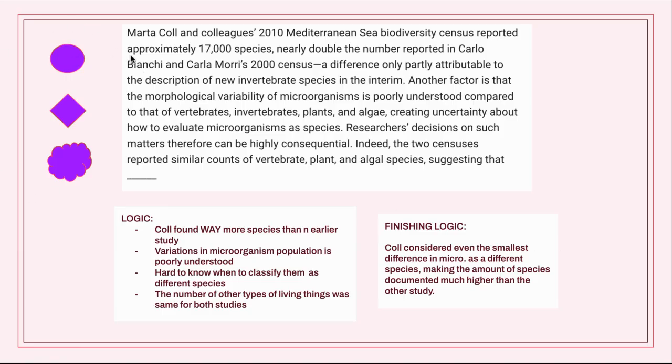Again, looking at this example, Bianchi and Mori would look at this and just say 1 species. Cole would look at this and say 3 species, which is why, even though they did find new invertebrate species, which may have increased the number a little bit, it's mainly this difference in classification of microorganism species that resulted in such different numbers.